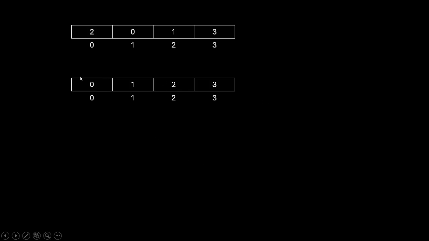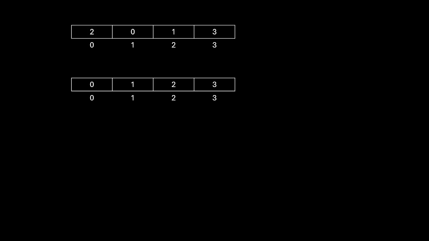Maybe we can take this, this is nums2 by the way, and we can map each of the elements in nums2 with its index. If we do that, then we can figure out the index of these elements in O(1) time, right?